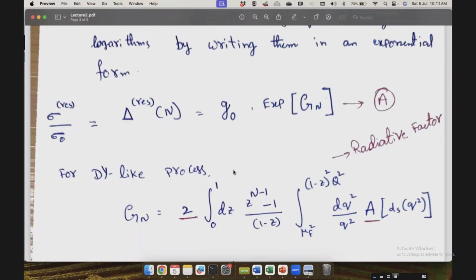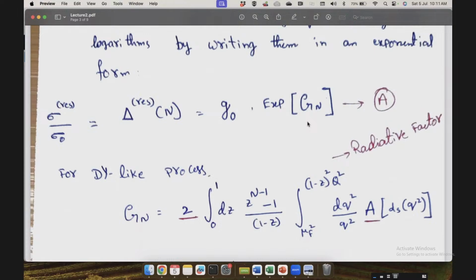So let us consider what this G_N looks like. Structure-wise, it depends on the type of process you are considering. For example, yesterday we were highlighting two different processes, namely the Drell-Yan production in the quark-antiquark annihilation channel and the Higgs production in the gluon fusion channel.